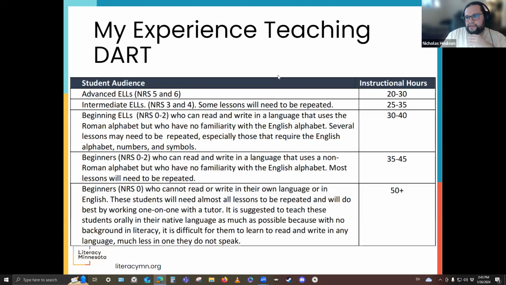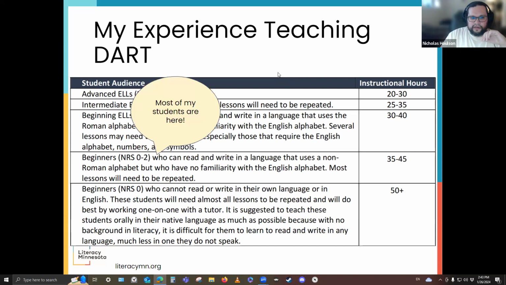Going back briefly to the multi-level challenge, most of my students were kind of here. And under Dart's schema, it recommends about 35 to 45 hours of instruction for a first-time run-through of the whole curriculum. But there's a solid handful who are here. And for me, it's still an open question of whether or not Dart is the right curriculum for them.